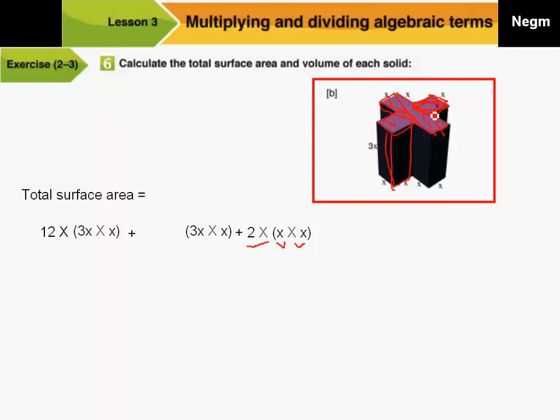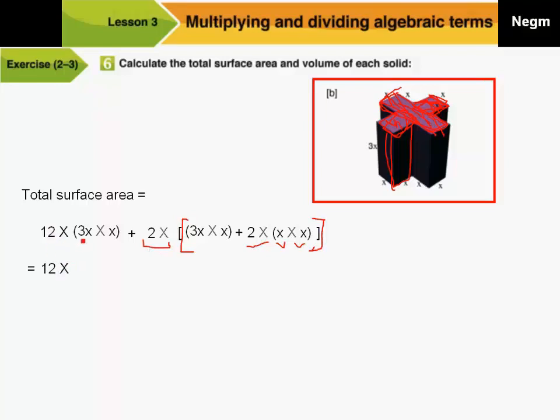This shape, the top, is the same as the bottom. So this summation of these areas, which is this rectangle plus this one and this one, will be multiplied by 2 to add the area of the base. So multiplied by 2. Okay, simplify.